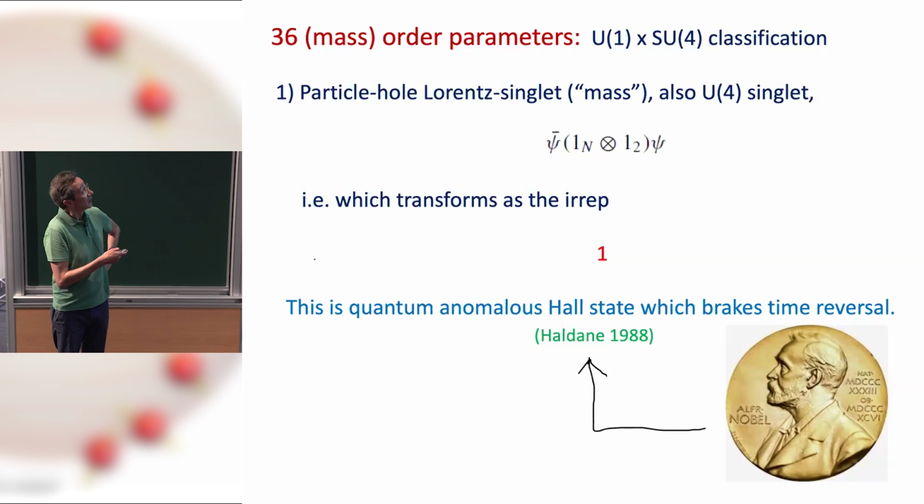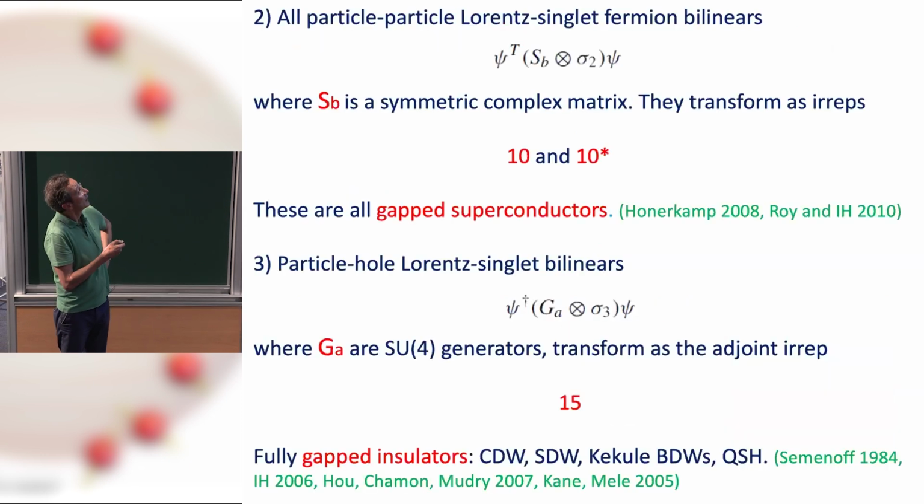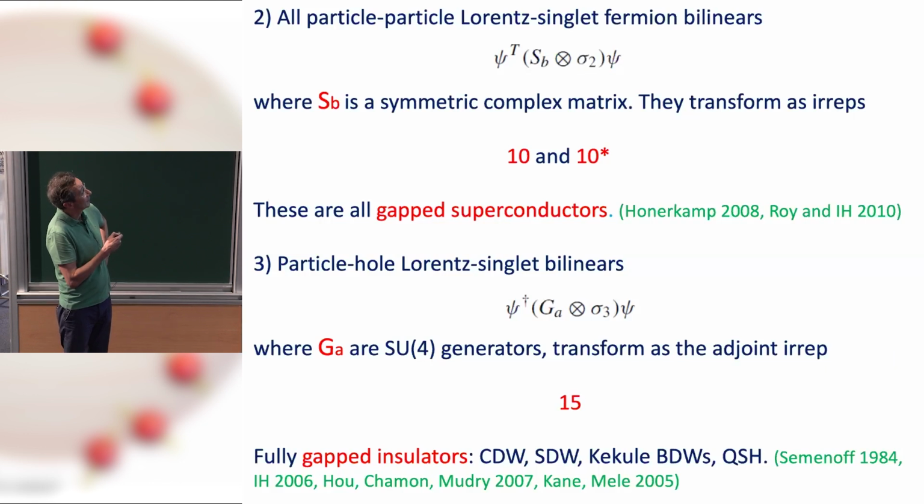So the other 2, for example, are various superconducting masses, gapped superconductors, which you would write as a bilinear that breaks U1, the number symmetry, right? And since this matrix in between has to be antisymmetric, in order for this to be a Lorentz singlet, actually this has to be sigma 2 here, because sigma 2 is a singlet under the Lorentz group, which is SU2 in this language, right?